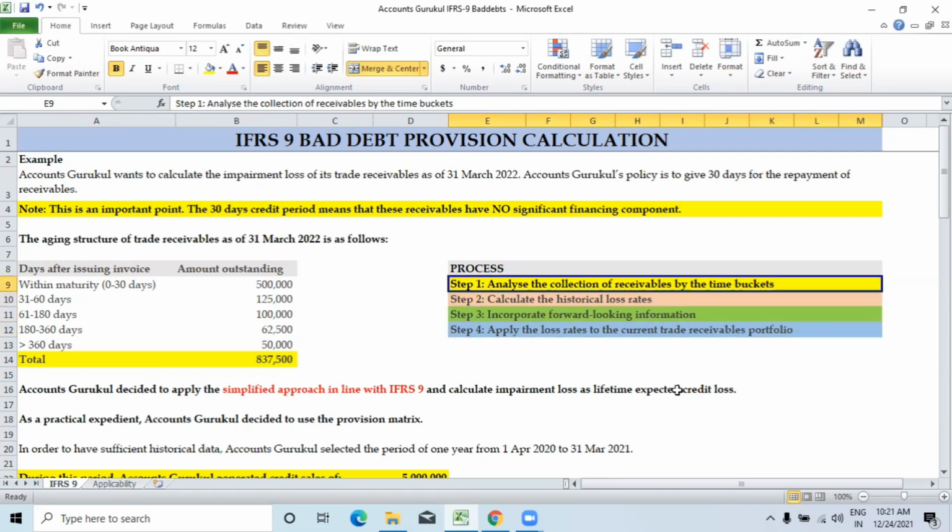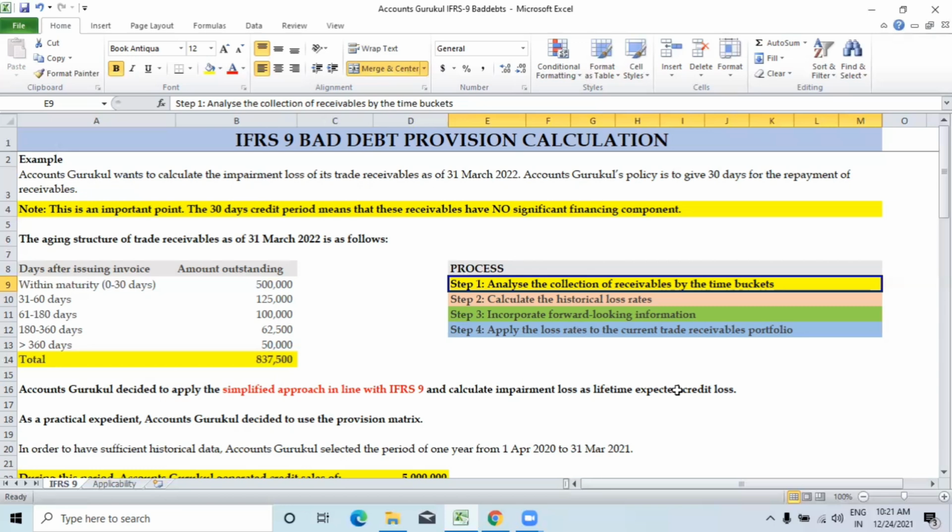That's going to be based on our own analysis of how receivables were collected by time bucket. If you are doing the bad debt provision based on IFRS 9 for the financial year 2021 to 2022, then we have to analyze how the collections worked for whatever sales we have made.